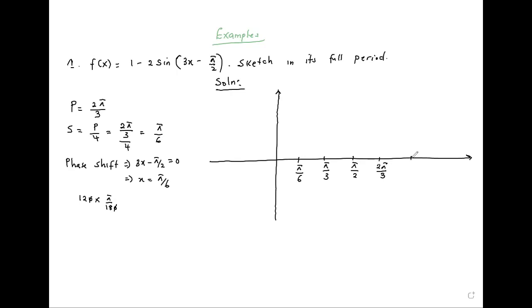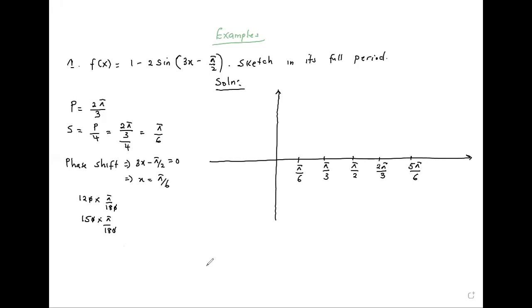And then since there's a shift, we'll add the step. So 120 plus 30, we get 150. 150 times pi over 180, we get 5 pi over 6. So I want to sketch within its full period, including the shift.